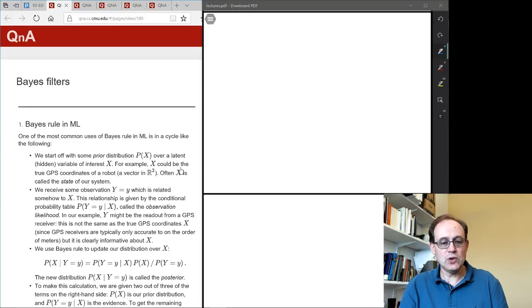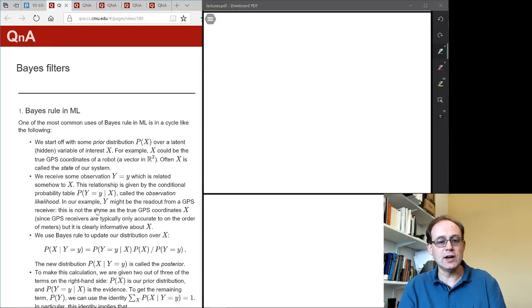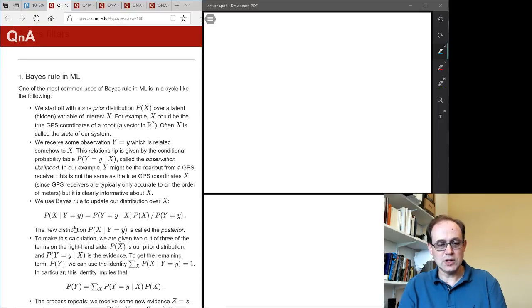All right, so we started with our prior. We got an observation represented by the observation likelihood. And now we want to calculate our posterior. To do that, we use Bayes' rule. The probability of x given y equals little y, that's our posterior, is equal to the probability of y equals little y given x times p of x over p of y equals little y.